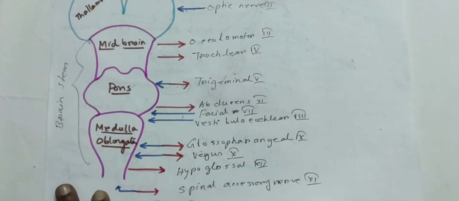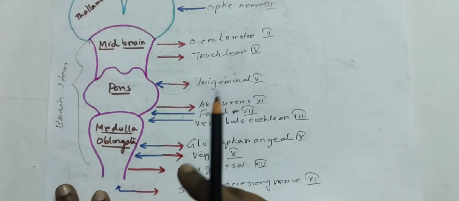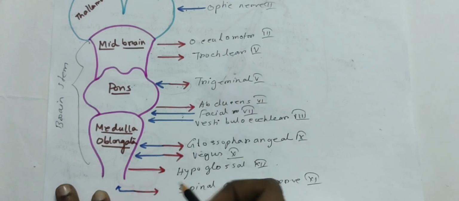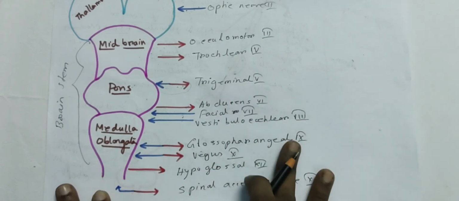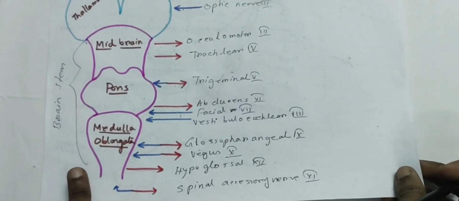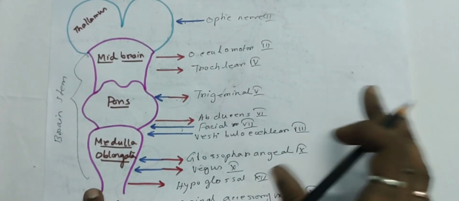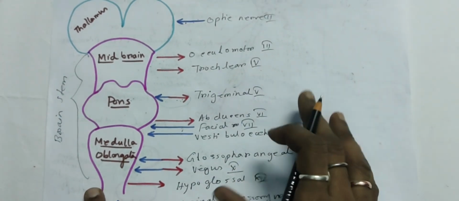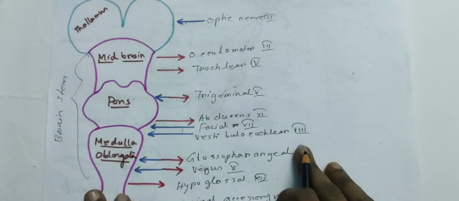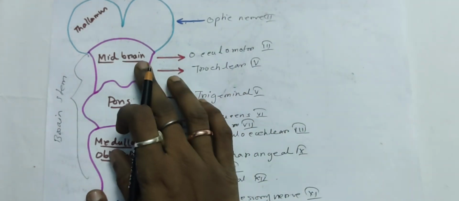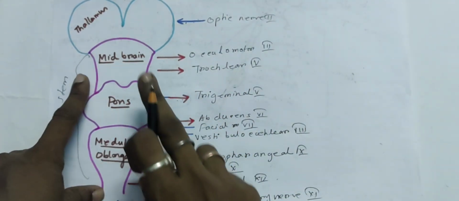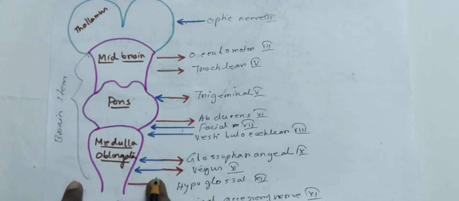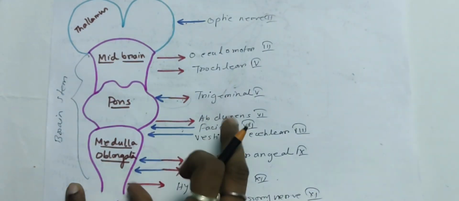They are receiving and giving signals or impulses from the spinal cord. So these are the nerves associated with the cranium or brain. Most of the cranial nerves are associated with the brain stem. The midbrain, pons and medulla oblongata form a stem-like structure. That's why they are called the brain stem.